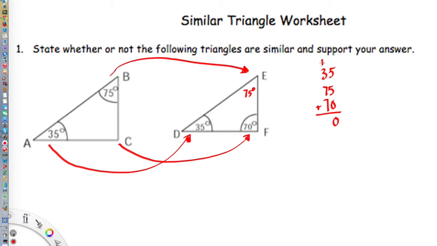Then 1 plus 3 is 4, 4 plus 7 is 11, and 11 plus 7 is 18. So we have 180 degrees. So I think this works. These two triangles definitely can be similar because the corresponding angles are congruent to one another.